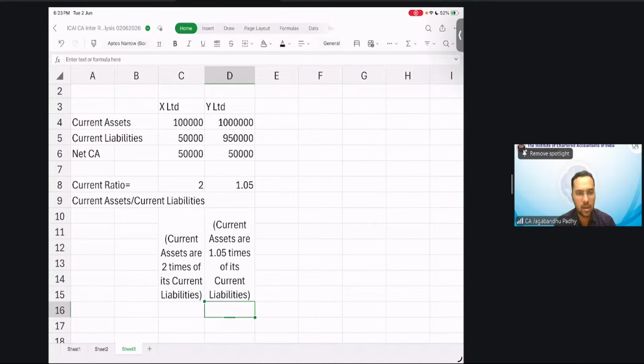So you get better comfort there that even if you lose a certain percentage of current assets, you will still be able to fulfill the obligations.